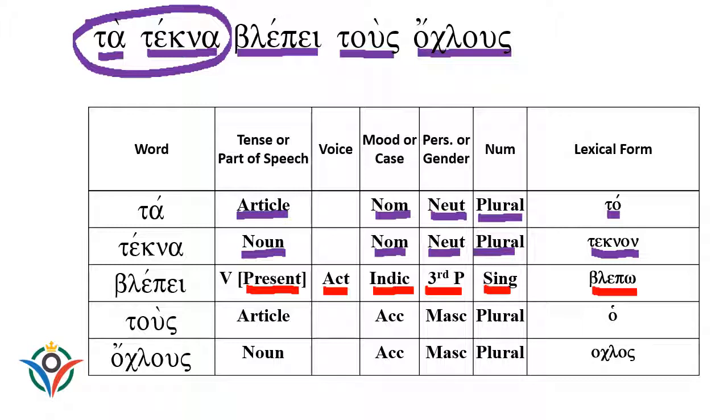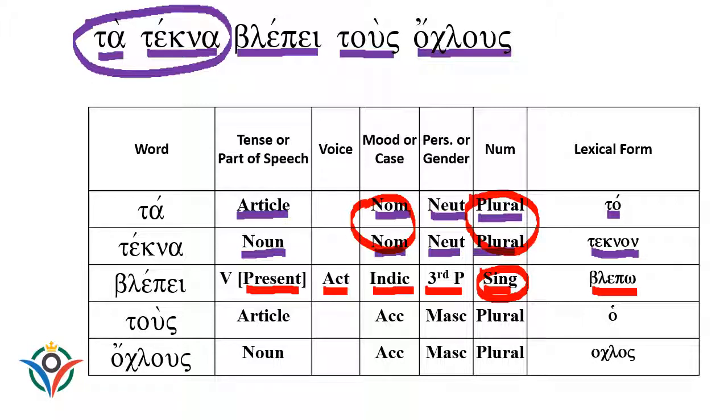So this is interesting. Here our subject, because it's in the nominative case, is plural, but we have a verb that has a singular ending. So what does that tell us? That is an example of discord. Why?